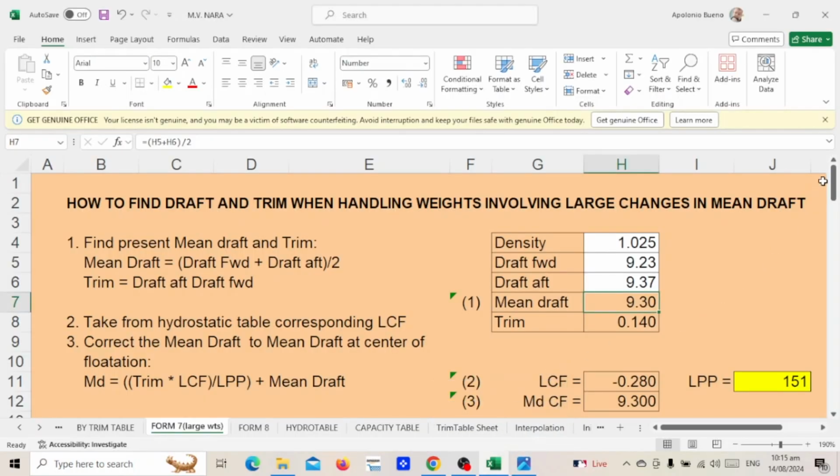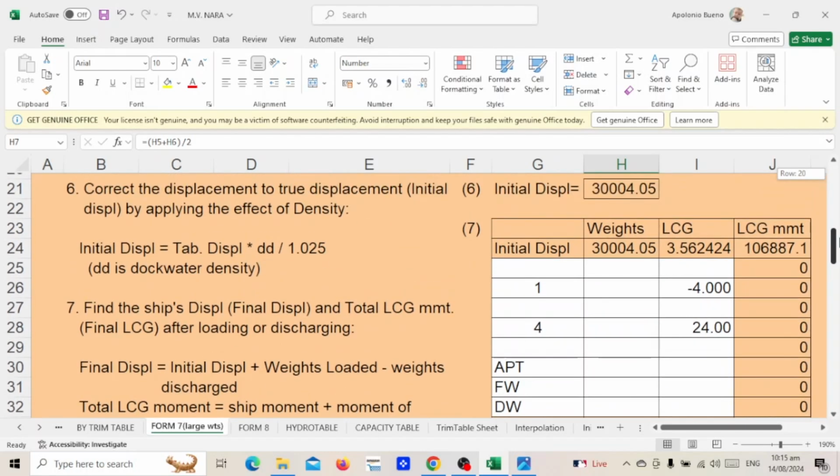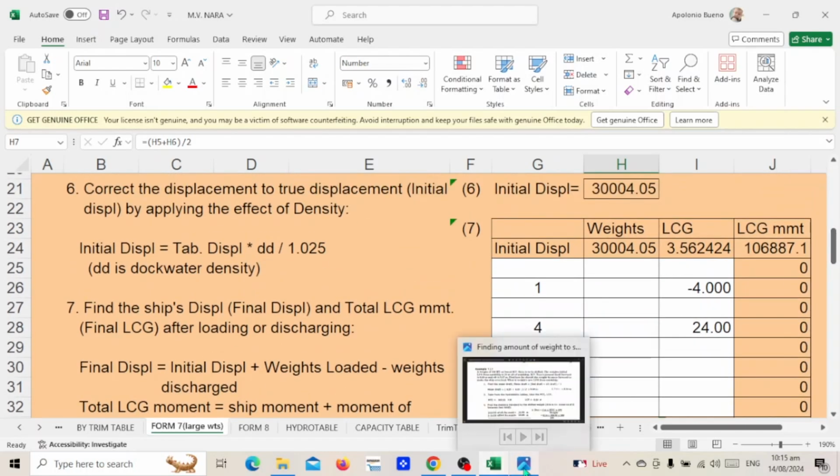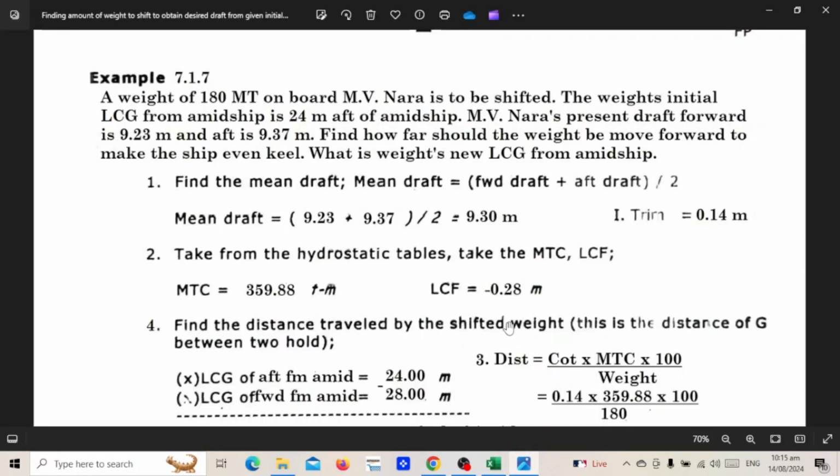Okay. Now, according to the problem, the initial weight of 180 metric tons, the LCG should be 24 aft of amidship.